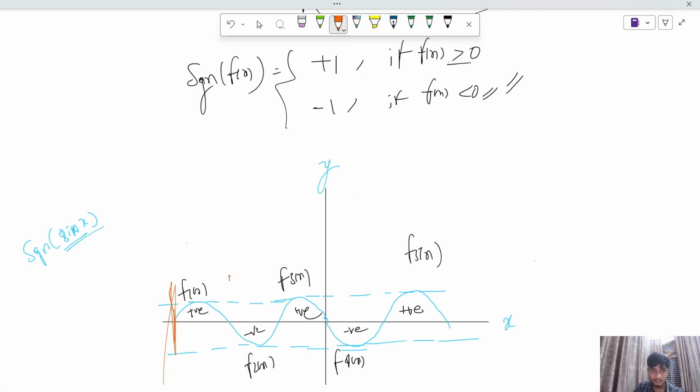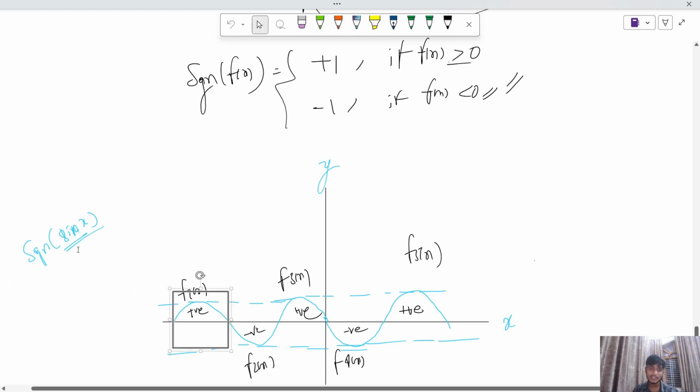Let's say this is plus 1 and this is minus 1. Actually, sin x is in the range plus 1 to minus 1, but if you manipulate sin x it can be different, so don't get confused.